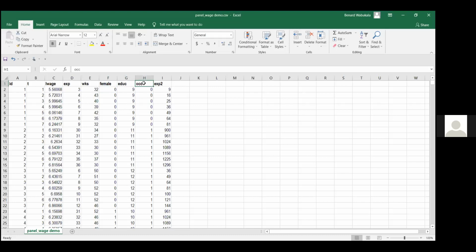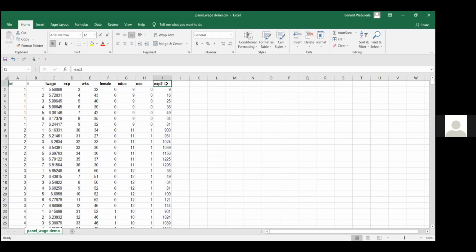They had another variable called occupation, and we're defining it as whether the individual is in what they call a blue collar job. Then you score a 1, it's also a dummy variable. You score a 1 if you are working in a blue collar job, and 0 otherwise.